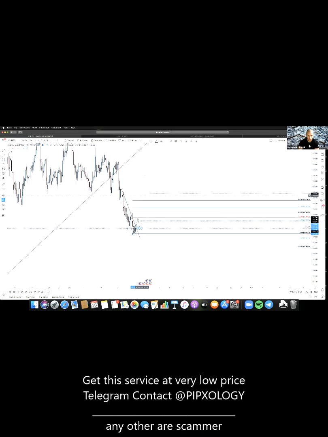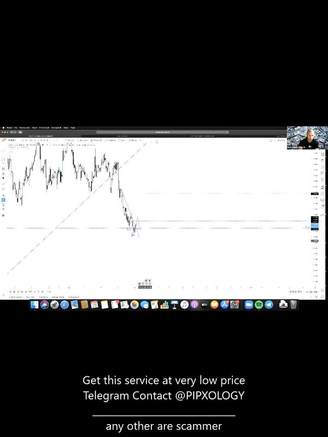possibly after that we can take a long position from this point, and we can target first the previous high.